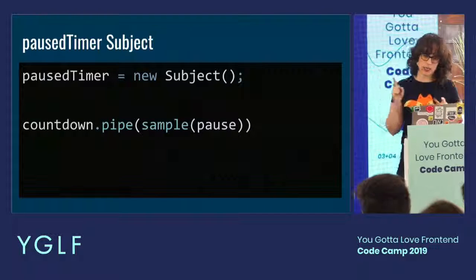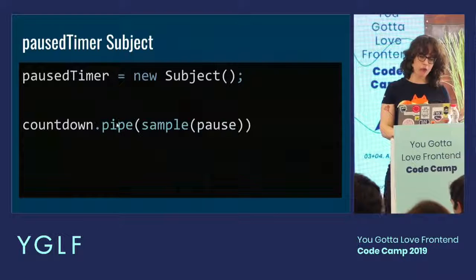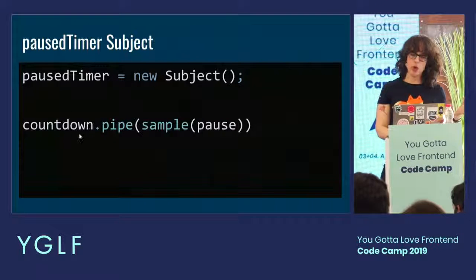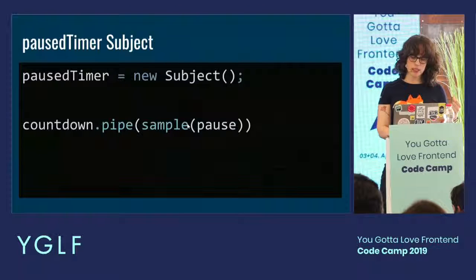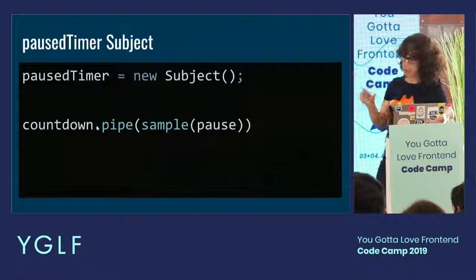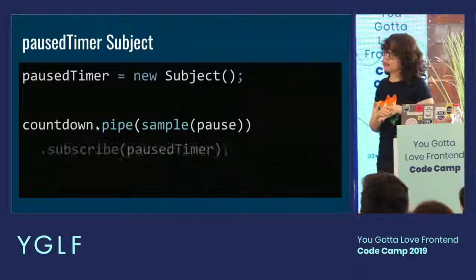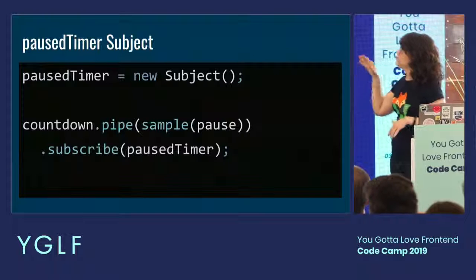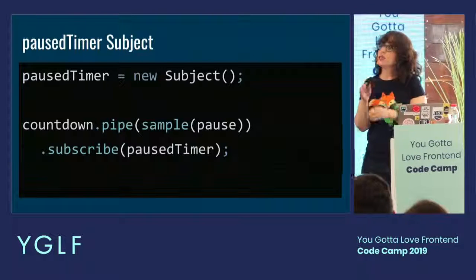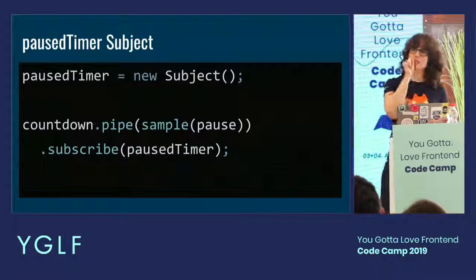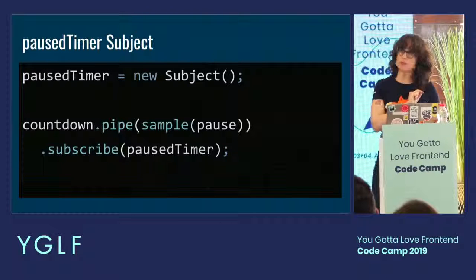What this stream does is it emits the value from the countdown stream whenever pause is clicked. So whenever pause is clicked, it samples the countdown stream and emits that value. And so if my subject is subscribed to it, my subject is going to behave in the same way. Whenever pause is clicked, it's going to emit the latest value from the countdown stream.